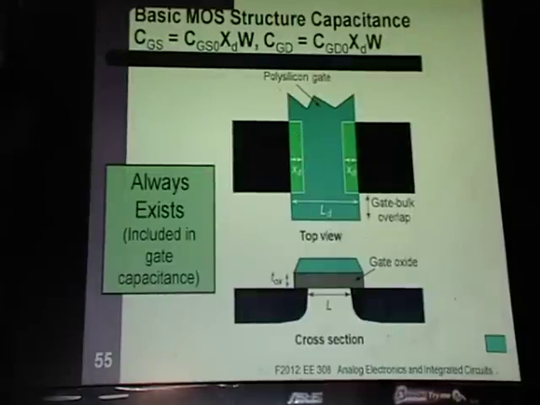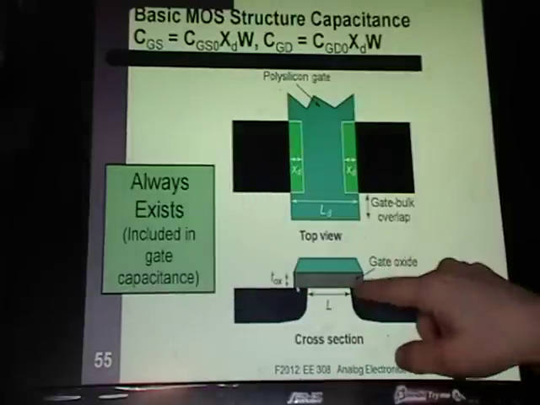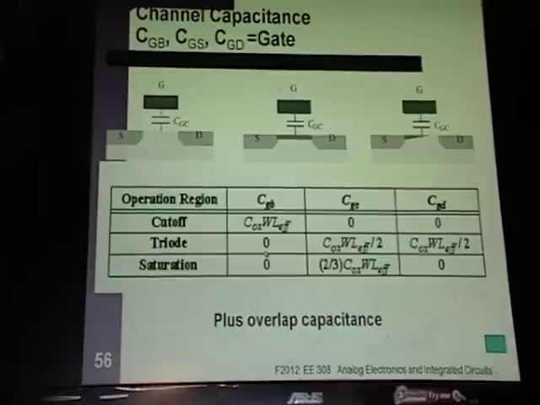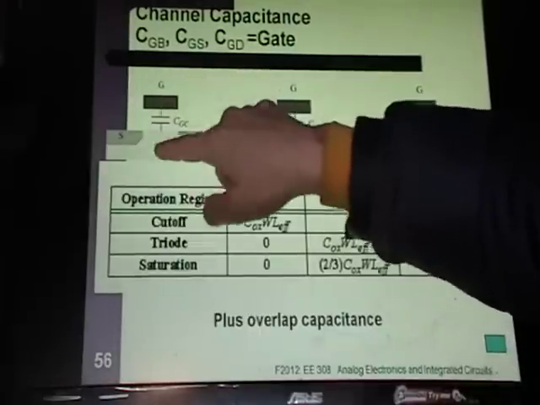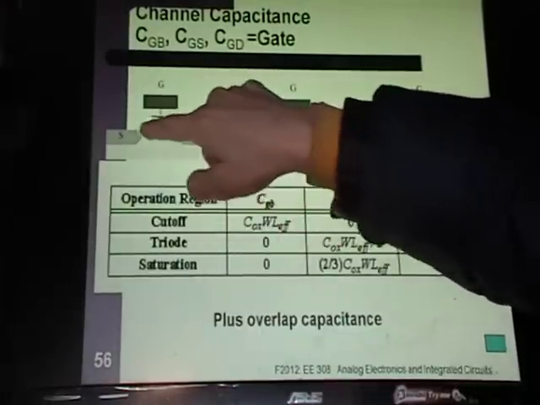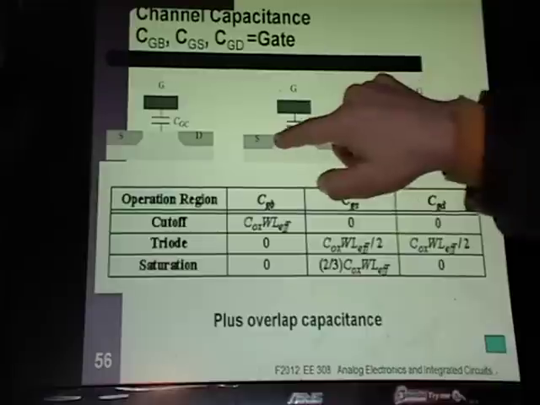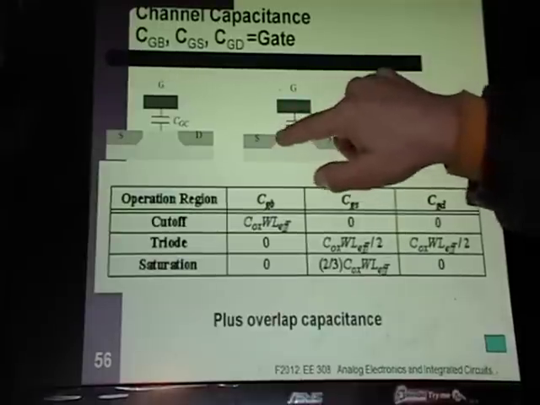Okay. And there are 3 places you get capacitance, and we talked about those. There's the overlap, right here where it overlaps, and then there's the gate coupling to the channel. If you're in cutoff or in linear, the gate couples to the entire channel.